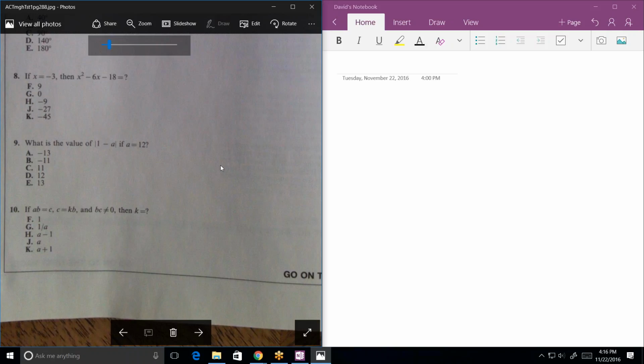Okay. Number 10. If AB equals C and C equals KB, and BC does not equal 0, then K equals what?